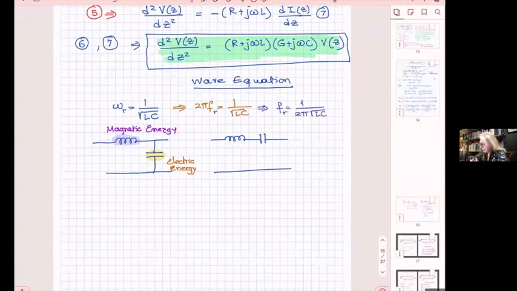So what does that mean? That frequency has a period T. How much is the period for a frequency? 1 over f. You remember that?